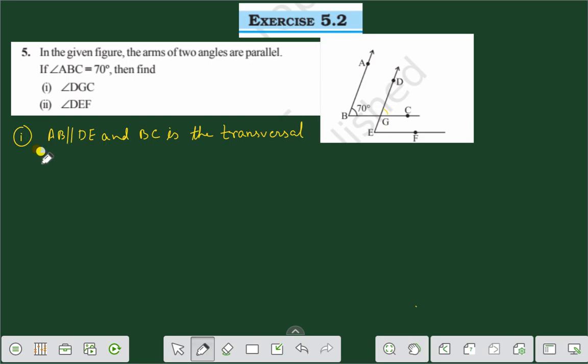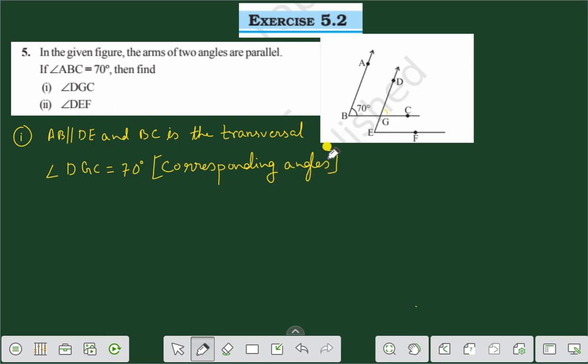Therefore we can say that angle DGC is equal to 70 degrees. Why? Because they are corresponding angles.